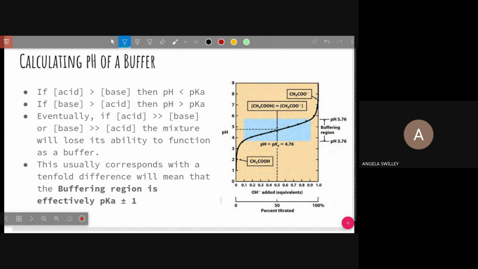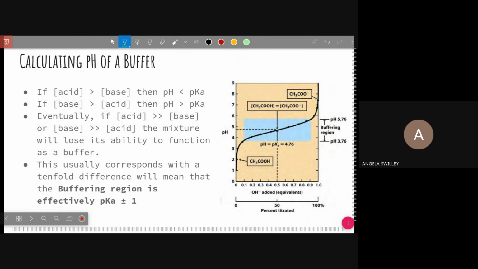When you're calculating the pH of a buffer, if the concentration of the acid is greater than the concentration of the conjugate base, then the pH is going to be less than the pKa. That means you're closer to the starting point, because as you move further, they're going to end up being equal. And then the pH will be greater than the pKa at another point.